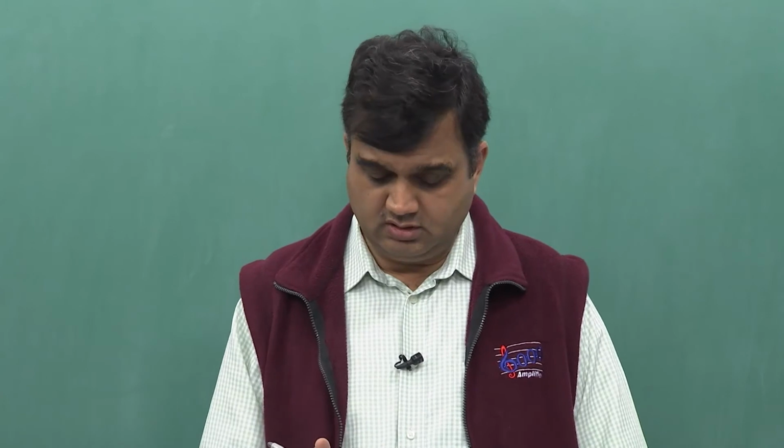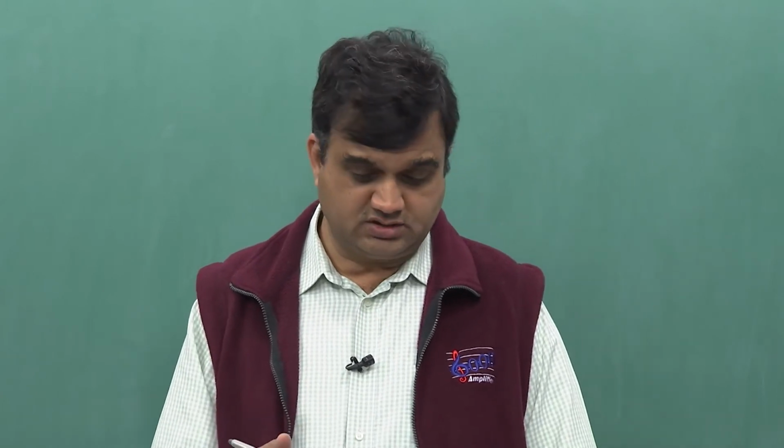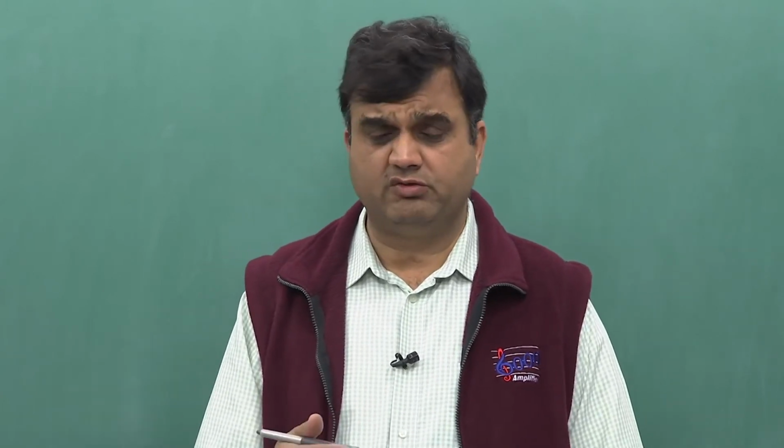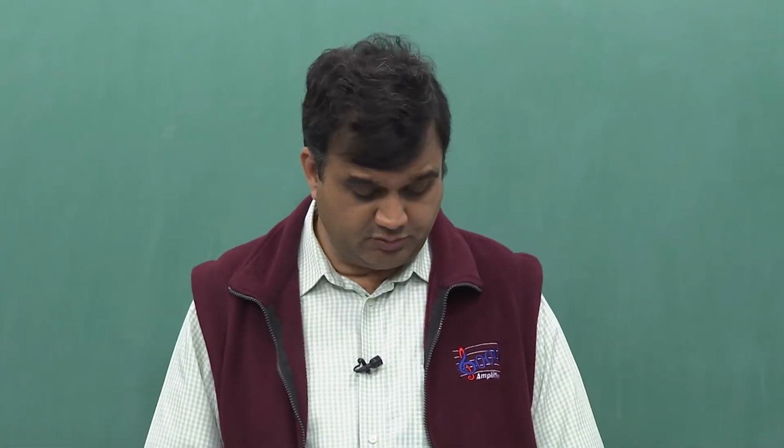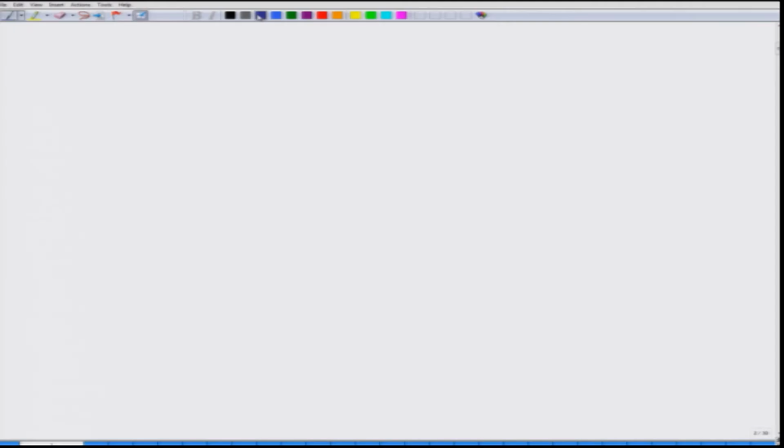So, I wanted you to become aware of these methods also as you get deeper into finite element analysis. So, what we will do is we will first write the governing equations for such a beam.